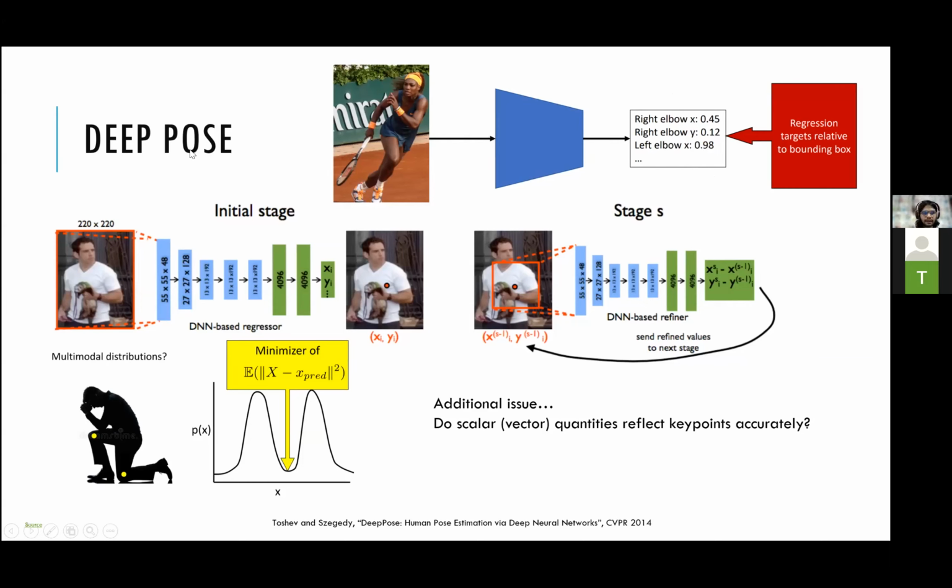Now, this particular architecture, as they call it, DeepPose, was one of the earliest ones. It came out in 2014. So the way of doing things is a bit different from how we do it now, but nevertheless, it's still useful to know how this has evolved. So given an input image, you try to regress the targets relative to the bounding box.